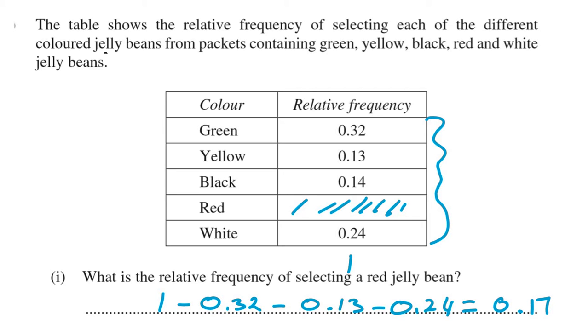So that is the relative frequency for a red jelly bean. Alternatively, you can add these up and then do 1 minus that. It's the same thing. Now let's move on to the second part.